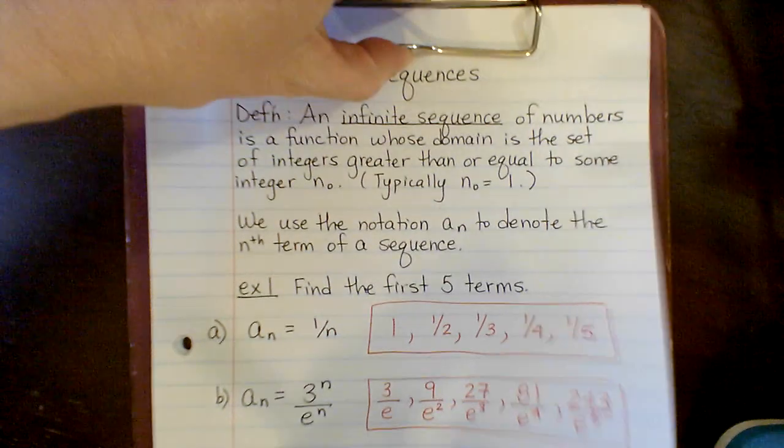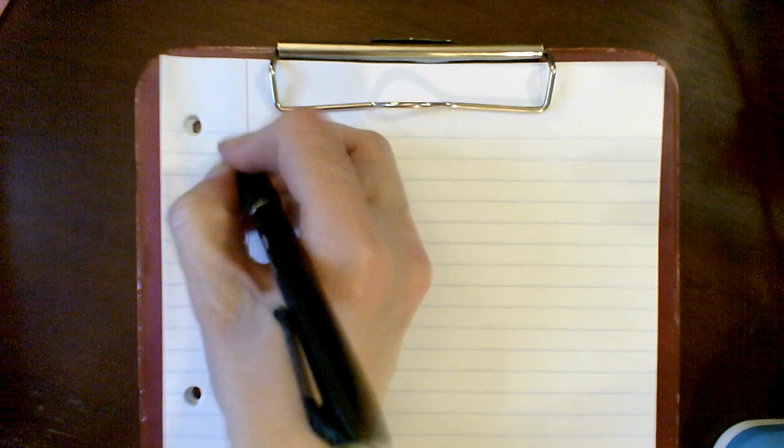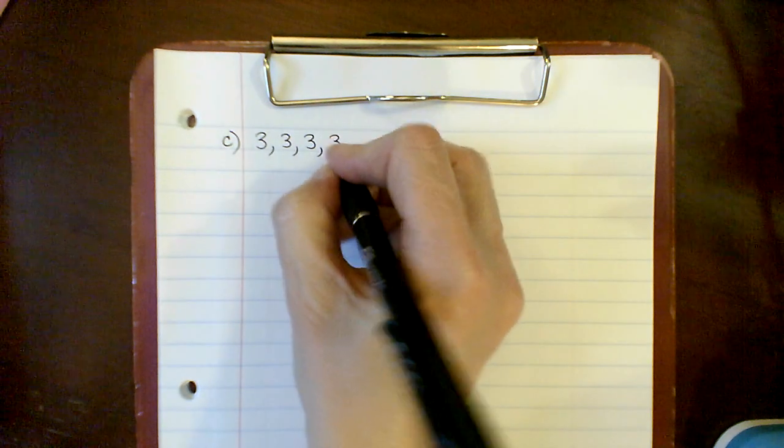Okay, let's look at another sequence. How about we take an easy sequence, like the constant sequence of 3's. What is the nth term? Well, the nth term is the same as every other term.